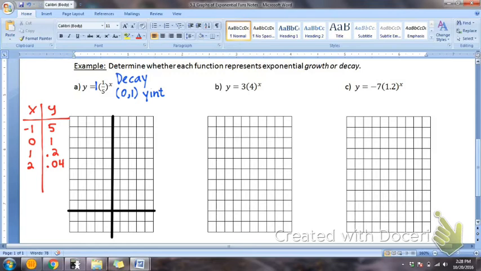So (-1, 5), (0, 1), (1, 0.2) and (2, 0.04). So do your best to plot them. They're just going to be really small. And we should not actually touch the x-axis, so do your best not to touch the x-axis.